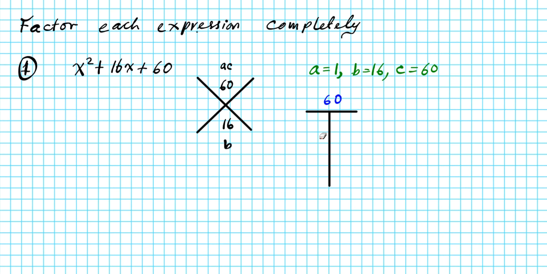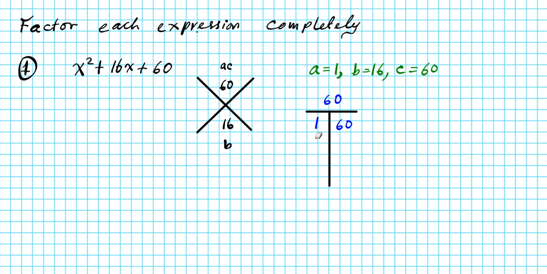In this case, it is 60, and we'll just list all the pairs of numbers that multiply to yield 60. Okay, so let's start from the very first one. 1 times 60 yields 60. Now, a combination of 1 and 60 yields 61 or 59. The target is 16, so this pair does not work.